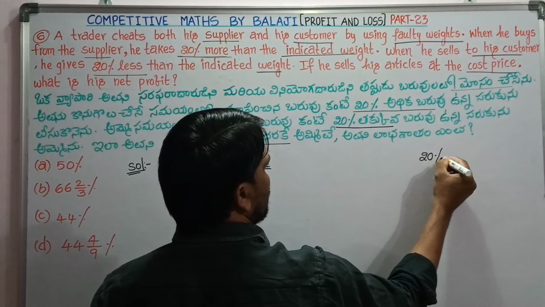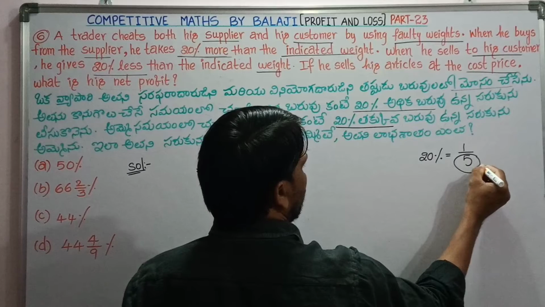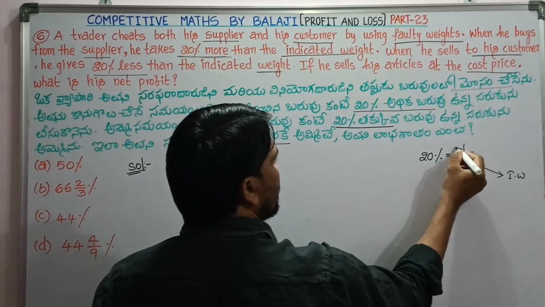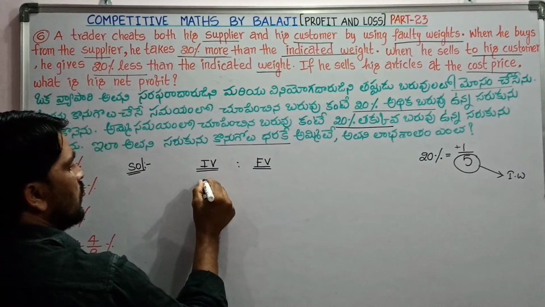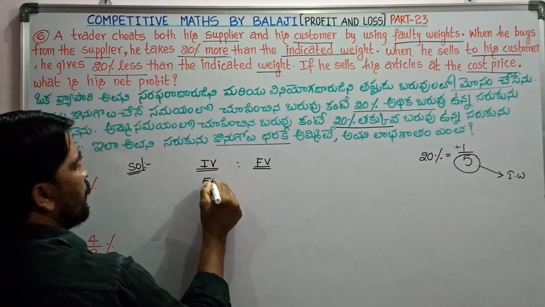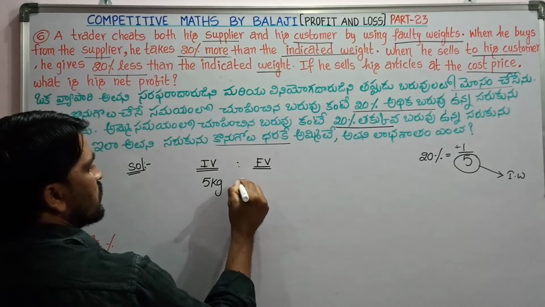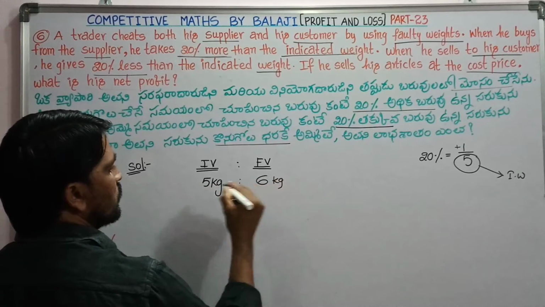The fraction value of 20% is 1/5. That means if 5 units is the indicated weight, he takes 1 unit more. Instead of 5 kgs of goods, he takes 6 kgs of goods.